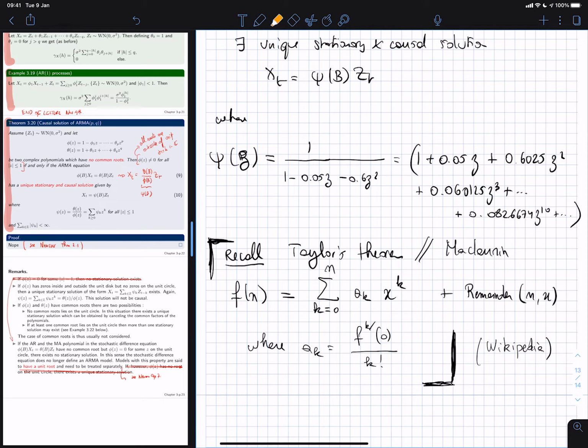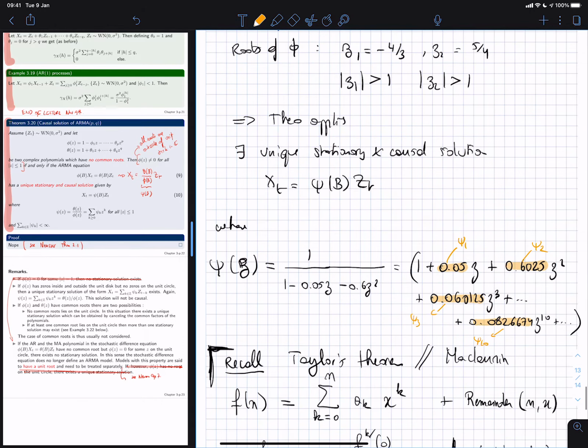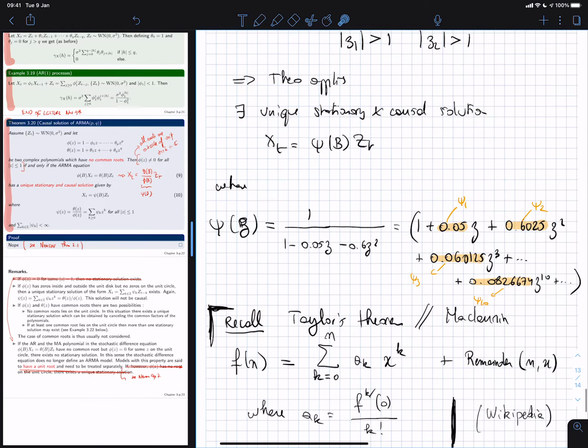This will be psi 1, this will be psi 2, this will be psi 3, this will be psi 10, and so on. Therefore, from the theorem we get the representation, and from these psi's, if we apply the proposition, I forget which number, we also get the covariance.